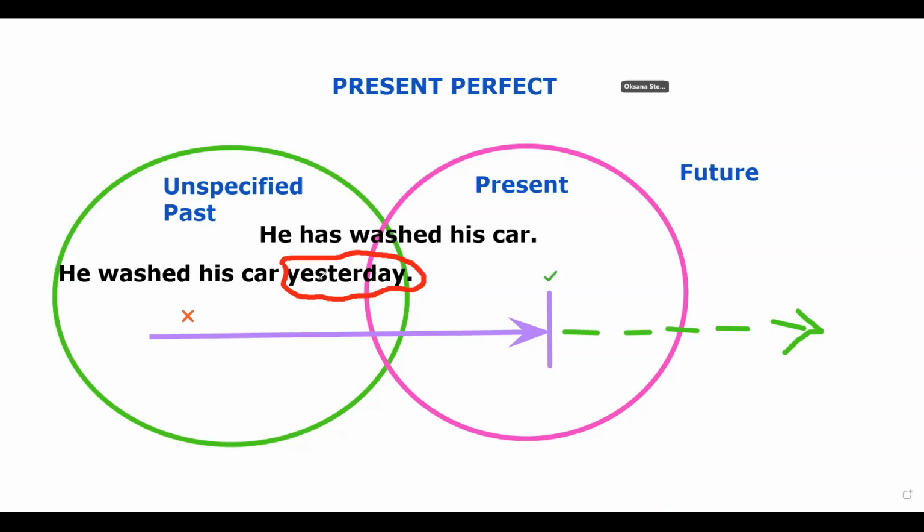So this action happened in the past tense and finished, stopped. It doesn't have any evidence here in present. All right, so we already put the marker, the time marker, whether it happened yesterday or last month or last week or 3 years ago.